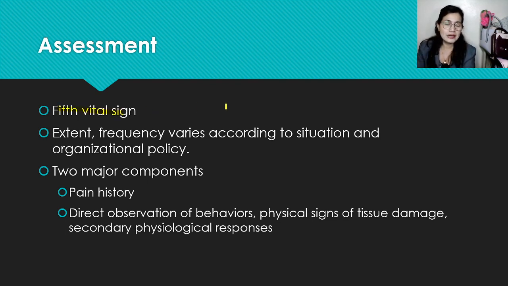Assess for the extent of pain. Frequency varies according to situation and the organizational policy. And then check for the history of pain. And then directly observe the behavior, physical signs of tissue damage, secondary physiological responses.